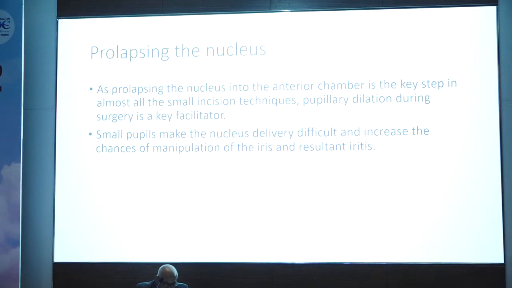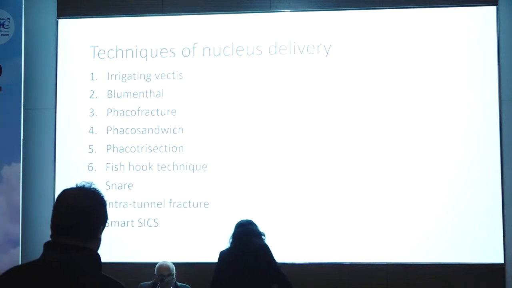People do SICS under topical anesthesia, parabulbar anesthesia, but for long-term safety and especially where high volume surgery is done, peribulbar block or subtenon anesthesia is very important. Also, small pupils make nucleus delivery difficult and increase the chances of manipulation of the iris and cause iritis. So we should avoid that. We should take steps preemptively to see that the pupils are not small.